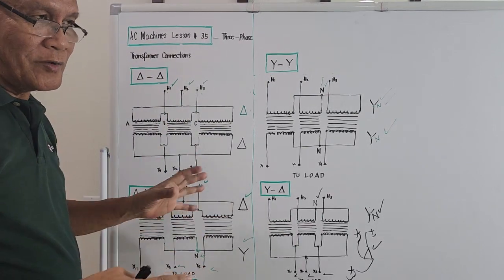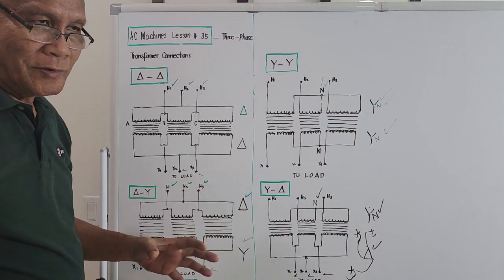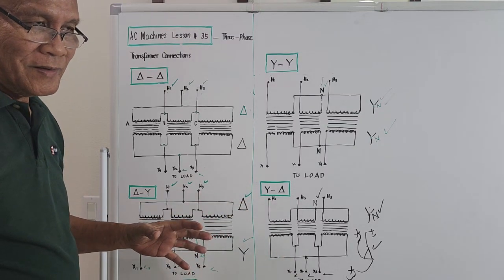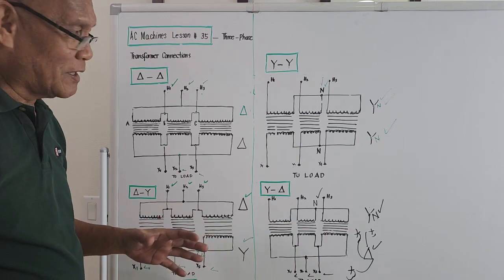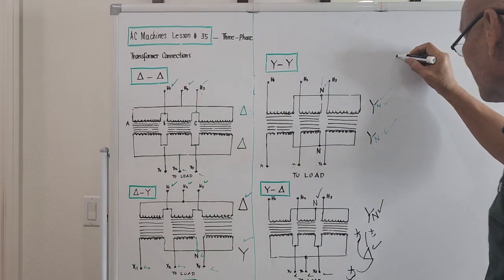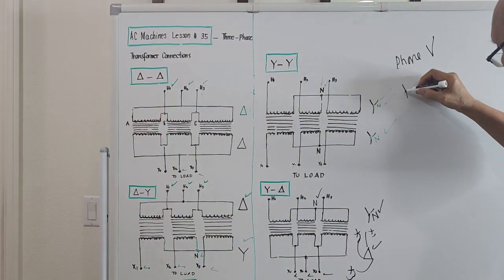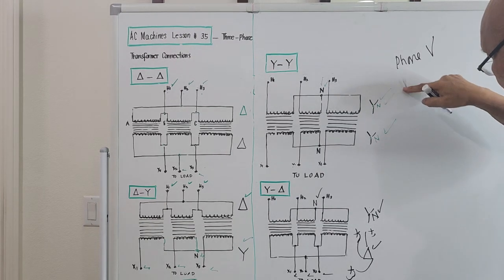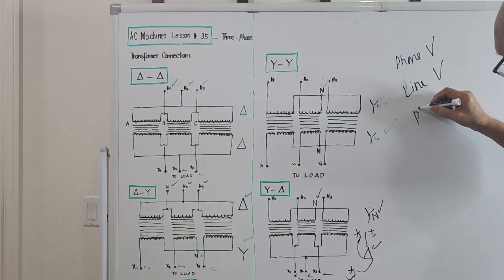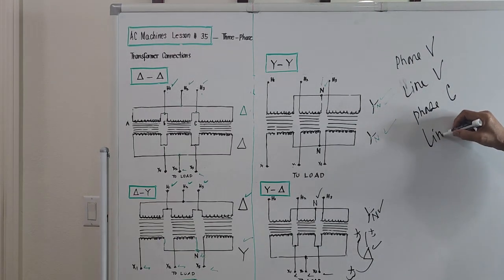So the next time around, since we now know how to connect a transformer, and the computation, okay, which is a scope of the board exams, right? We should know what will be the relations of the so-called phase voltages, okay, and phase voltages and line voltages, and phase current, and line current.